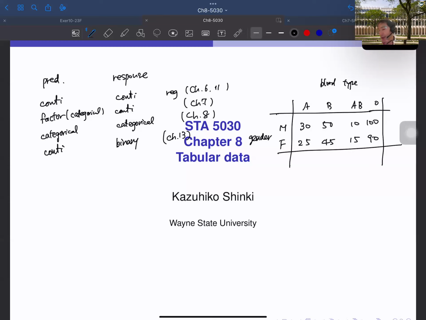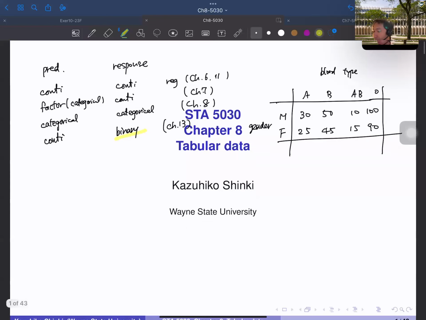So the response is categorical, binary. That is often the case. For example, in medical data after some treatment, some patients die and some don't die. So the response is binary, die or not die. In such a case, we can use logistic regression.